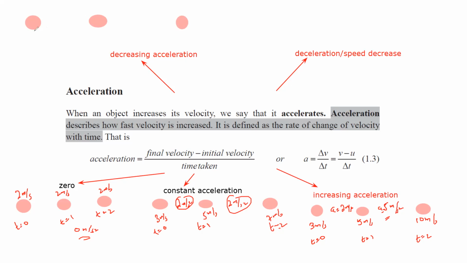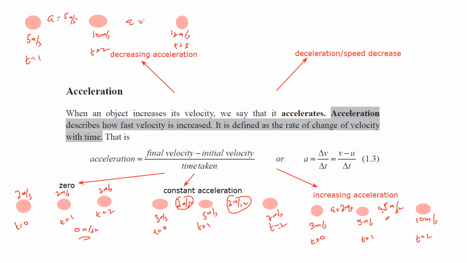Like if I say an object is moving with 5 meter per second, changes to 10 meter per second, and then 12 meter per second. Here time is equal to 1, time is equal to 2, and time is equal to 3. So when we calculate the acceleration, change in velocity is 5 divided by time is 1, so 5 meter per second square.